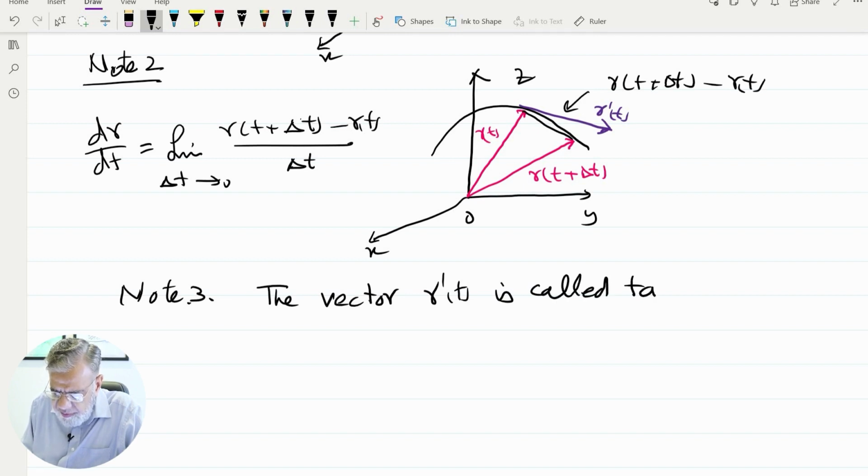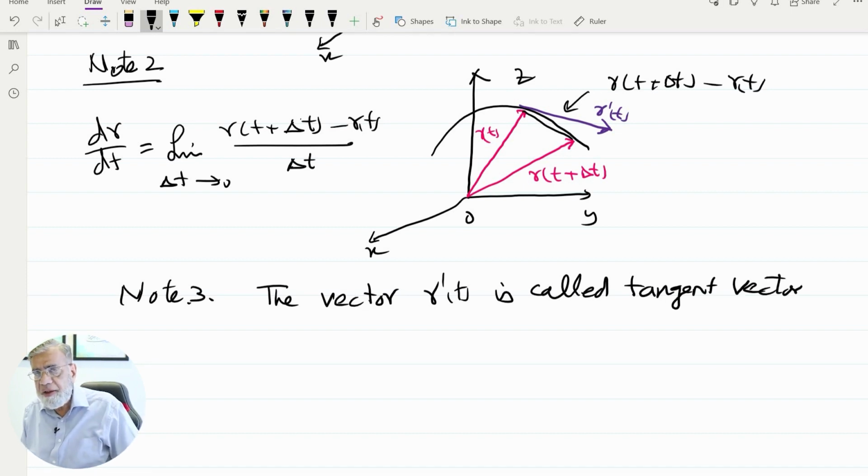We already have the idea of the tangent when you have the derivative of a function y equals f of x, where dy by dx is tangent to the curve. Similarly, dr by dt, which is r dash of t, is tangent to the curve. The curve is defined by f of t i, g of t j, h of t k.